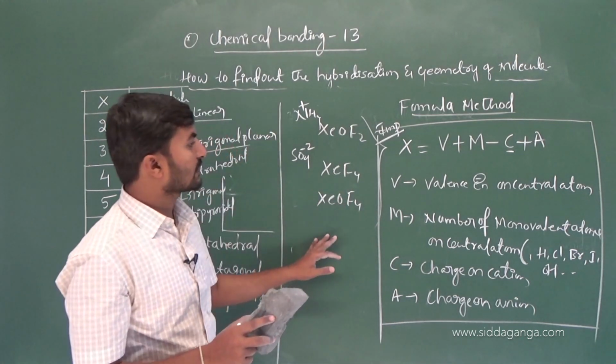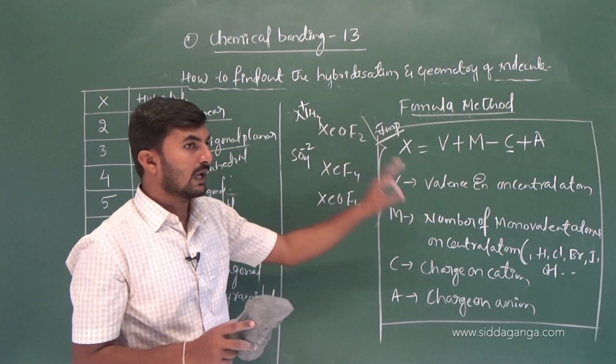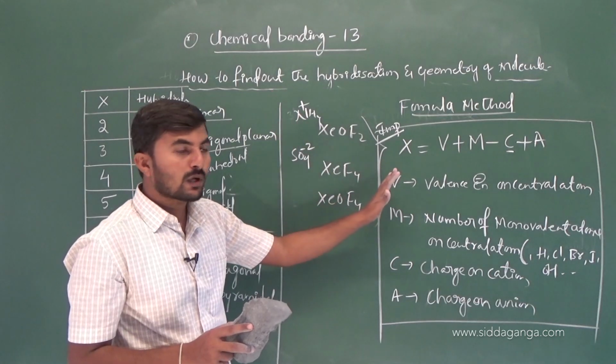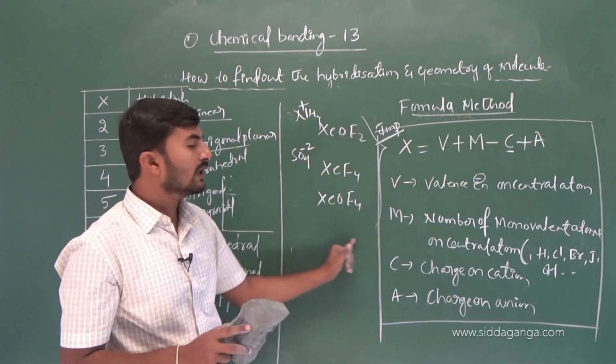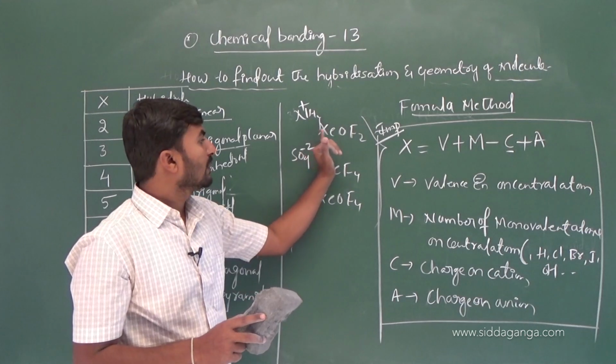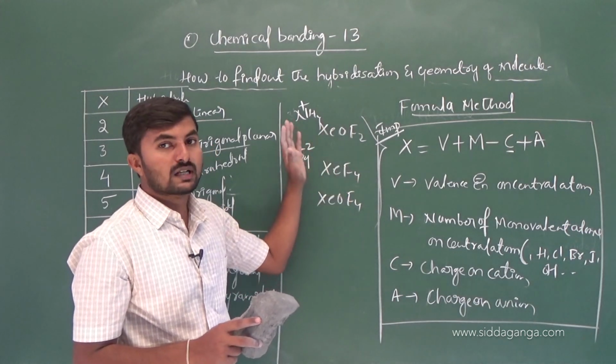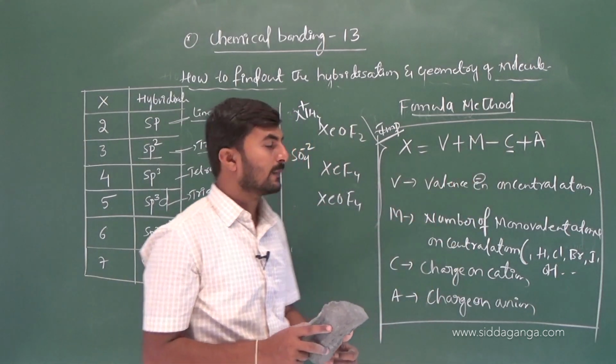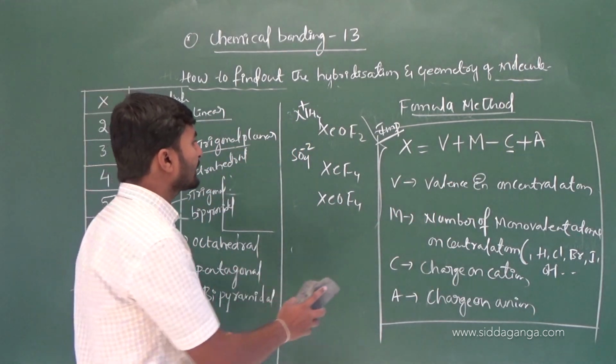But with this formula, we can calculate the hybridization followed by the geometry of the molecule easily without knowing the structure. Okay, now we will move on to the examples.